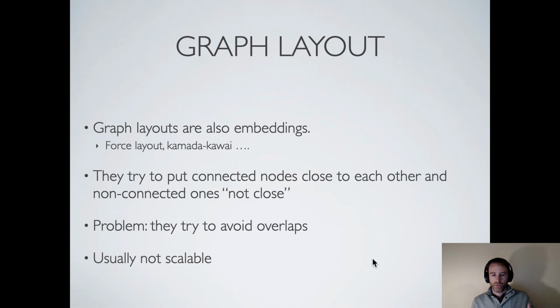Another type of thing we have already discussed, which could also be understood as embeddings, are graph layouts. If you remember, I talked briefly about the force-directed layout, the Kamada-Kawai algorithm, that are used to create plots representing graphs. So you try to put the nodes in space so that the graph is easy to understand.